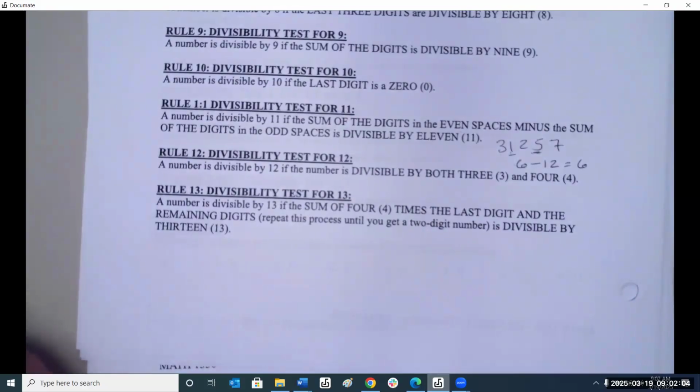Is that divisible by 11? No. So 31257 is not divisible by 11.